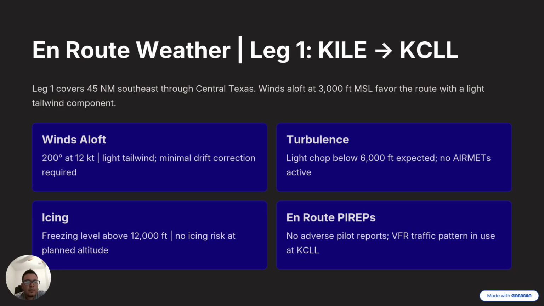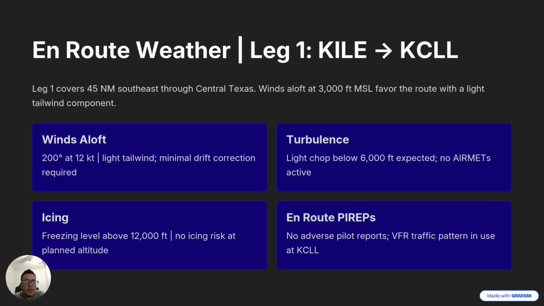Okay, so the route for leg one, the 45 nautical miles, goes southwest through pretty much, I wouldn't say the middle of Texas, but it's pretty close to the center of Texas. Winds at 3,000 feet are in our favor, a tailwind, so we're going to be a little faster, not super fast, because they are blowing from 200 at 12 knots, a light tailwind.